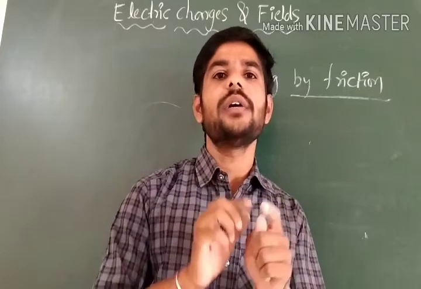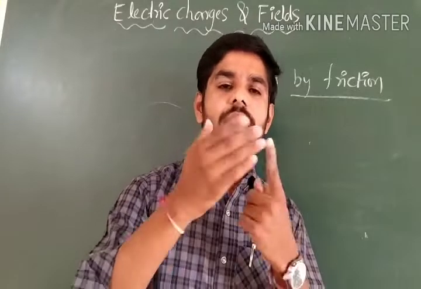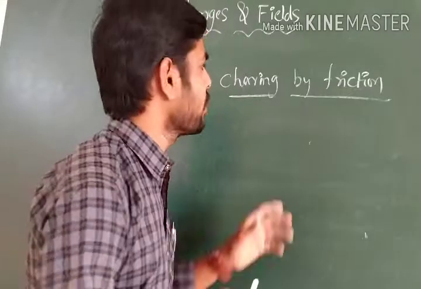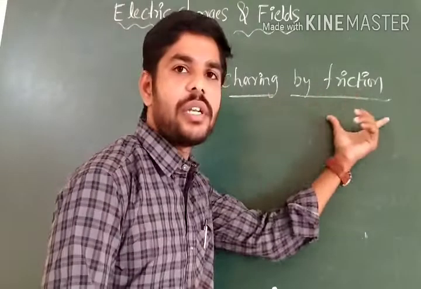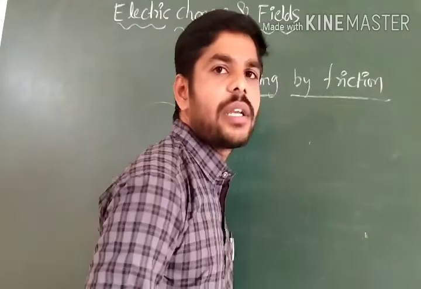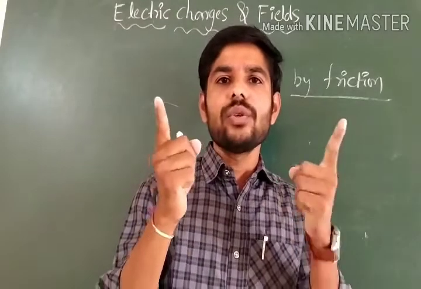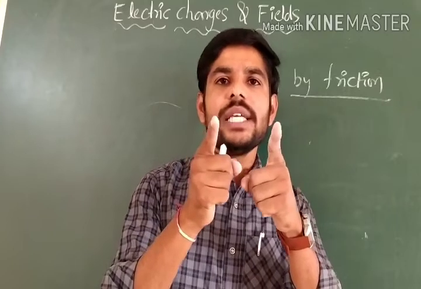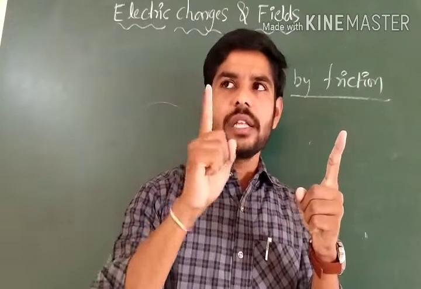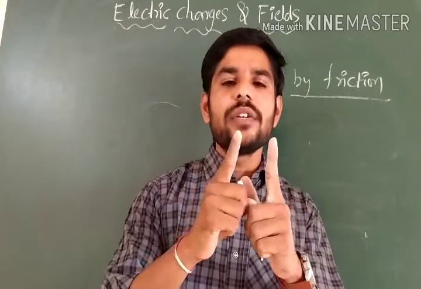The two rods become charged, whether positive or negative we don't know, but by using the silk cloth they become charged. Then when you bring the two charged glass rods close to each other, definitely they will repel, because both were charged by the same material.